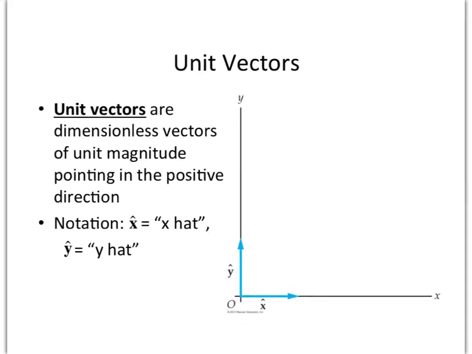So here we are. Unit vectors are just like vectors, they're just named a different way. Let's say we have a vector that looks like this, and it is 5 meters at, we'll say 36 degrees above the positive x-axis.